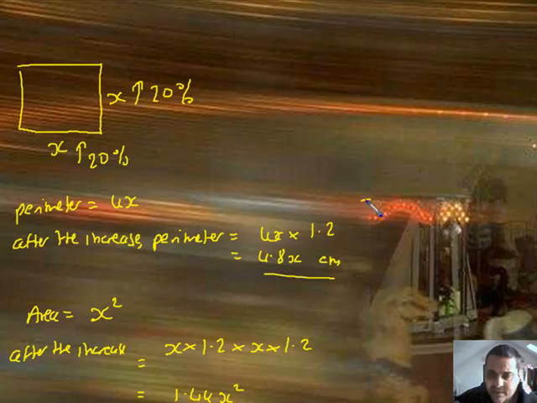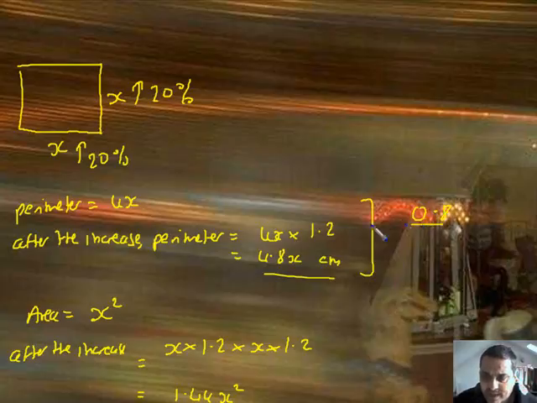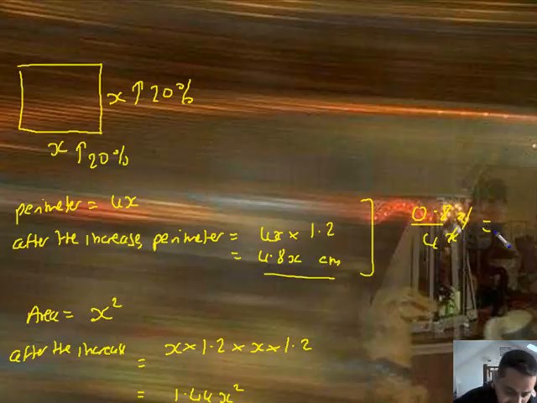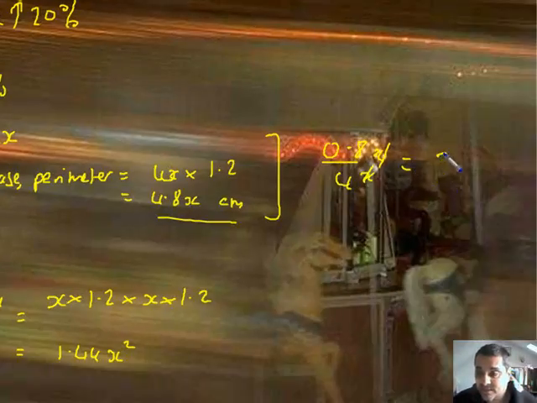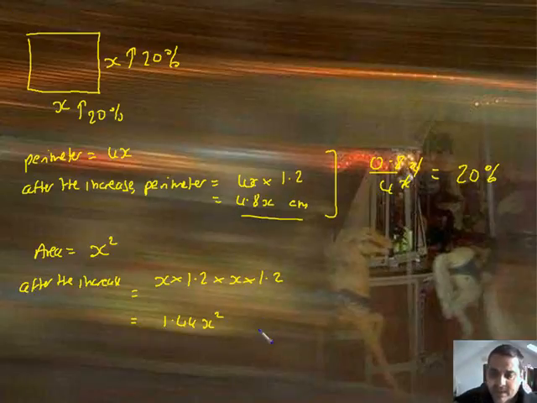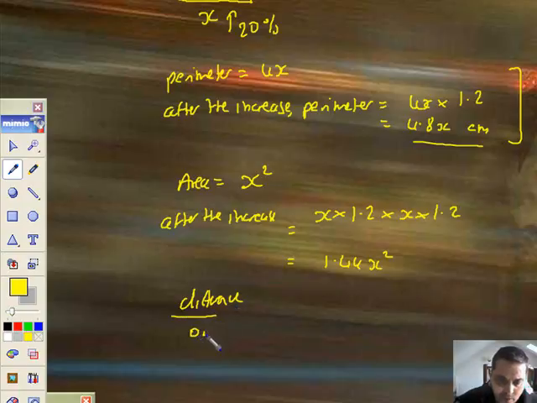So the difference for this one here is going to be 0.8x over the original 4x, and of course these are x's, aren't they? Then they cancel down, and that's 0.8 divided by 4. That's 20%. So I've proven that's 20%. And here the difference over original is going to be, what's the difference between that and that?